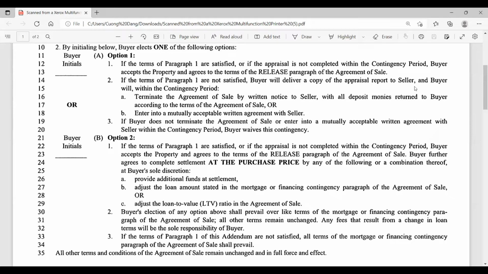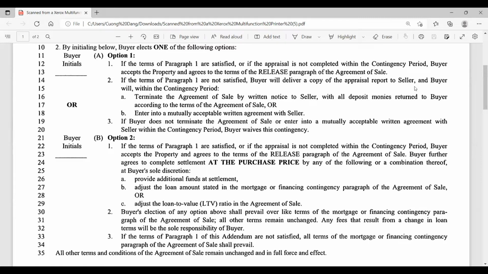Now, here's where this paragraph differs. Buyer further agrees to complete settlement at the purchase price, not at the appraised value, but at the purchase price by any of the following or combination. So you can pick A, B, or C down here, or a combination, at buyer's sole discretion. So it's the buyer's decision, not the seller's.